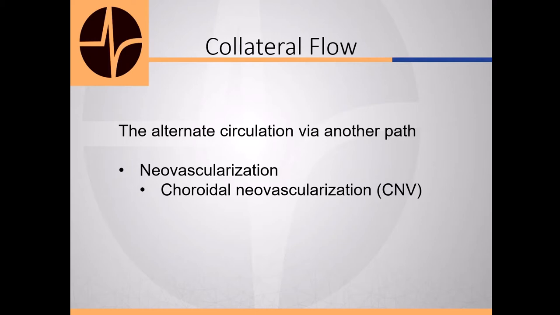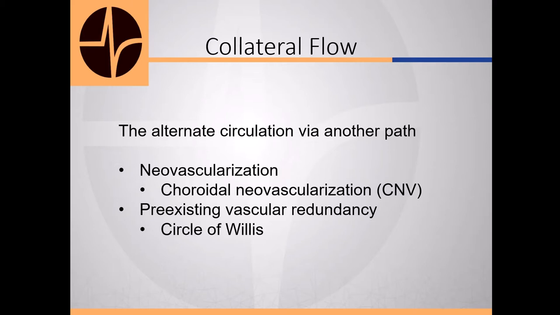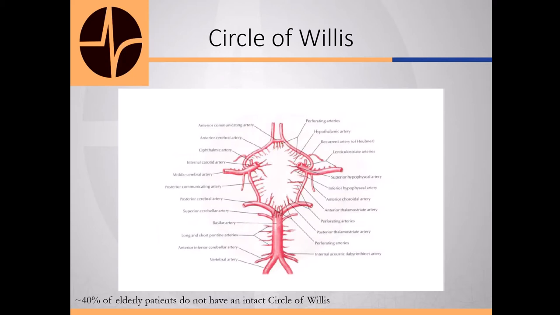You have a pre-existing vascular redundancy, which is the body has a backup system. And what we are mostly concerned about of the pre-existing vascular redundancy is the circle of Willis. So this is a picture of the circle of Willis.